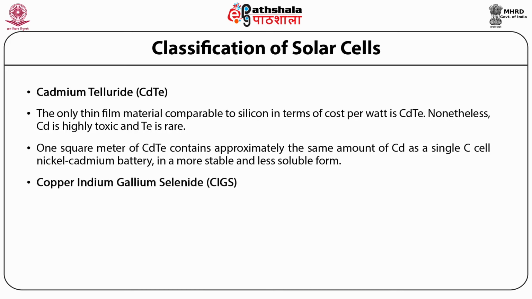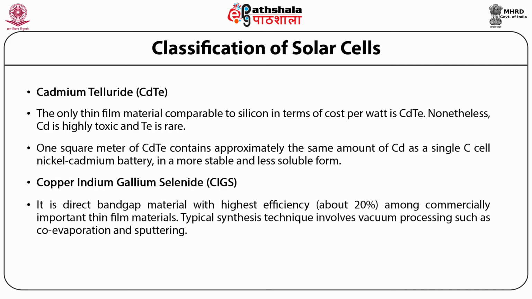Copper indium gallium selenide, that is CIGS, is another material which is used for solar cell development. It is a direct bandgap material with the highest efficiency, about 20% among commercially important thin film materials.